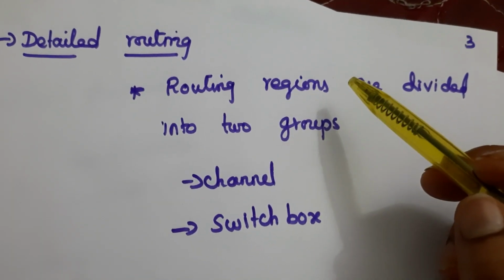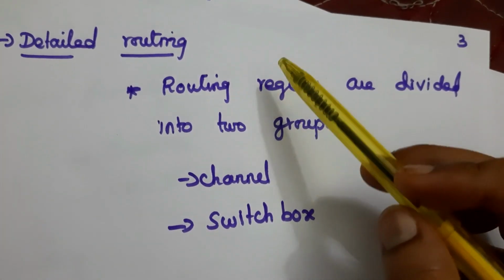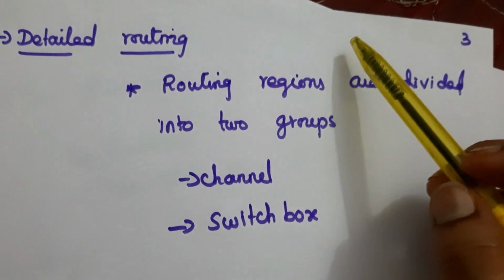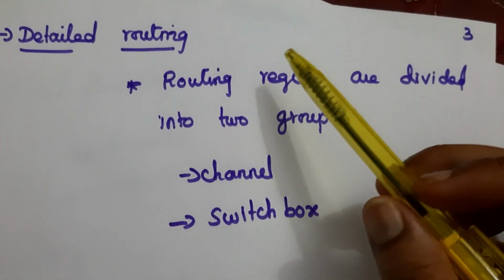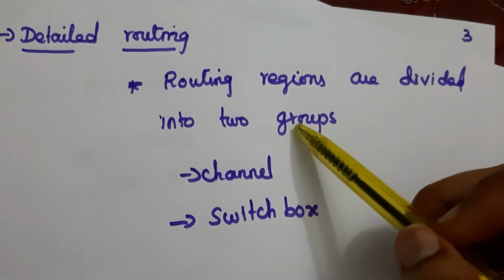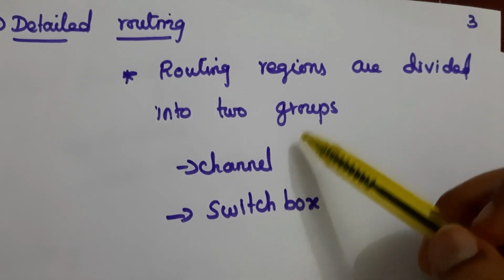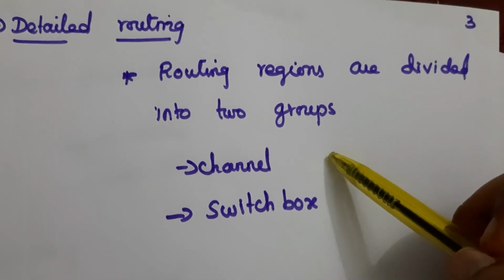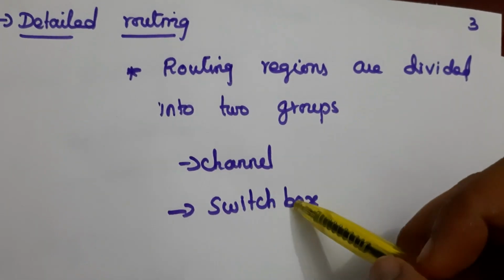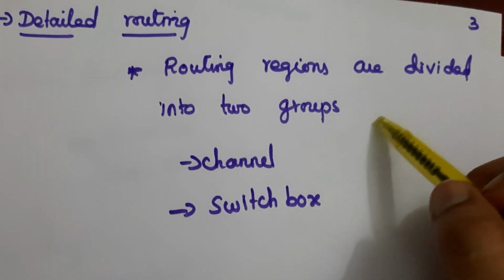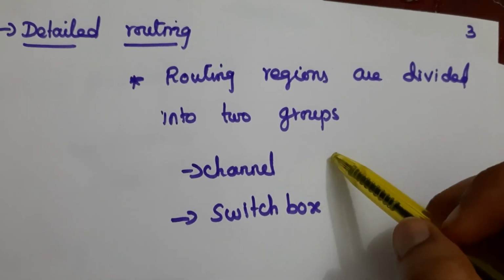Next one is detailed routing. Here the routing is performed based on the global routing analysis. From that, the routing regions are generated, and these regions are divided into two groups: one is the channel, another one is the switch box. A channel is a rectangular routing region where two sides are bounded by modules. A switch box is a rectangular routing region bounded on all four sides.